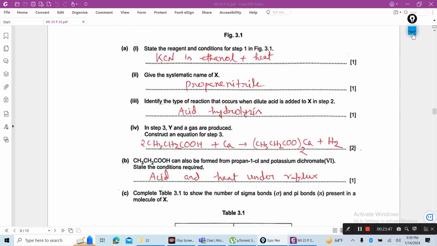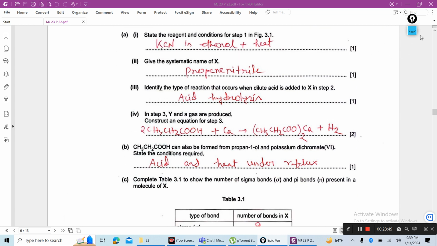Next, four, in step 3, Y and a gas are produced. Construct an equation for step 3.